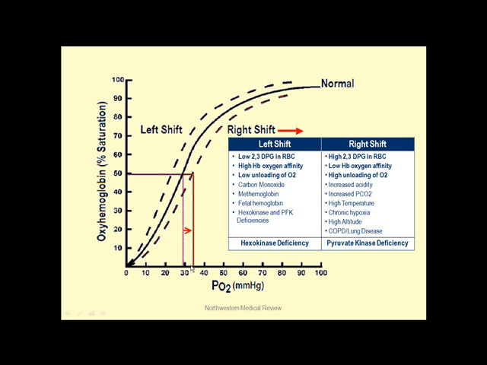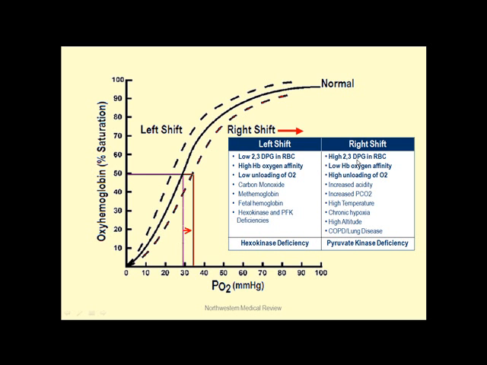As you can tell, for any condition that causes the right shift, in order to assume the same saturation of hemoglobin with oxygen, you have to increase the tension of the oxygen in the plasma. So pyruvate kinase is the only condition that causes the right shift. Hexokinase and PFK deficiencies cause a left shift. So let's look at the main associations of the right shift.